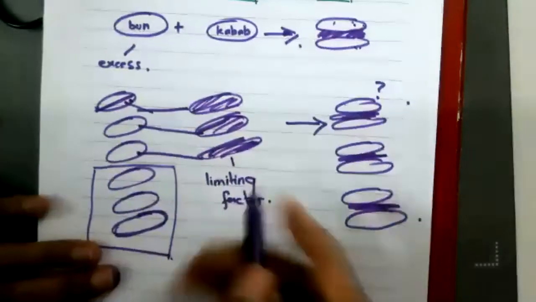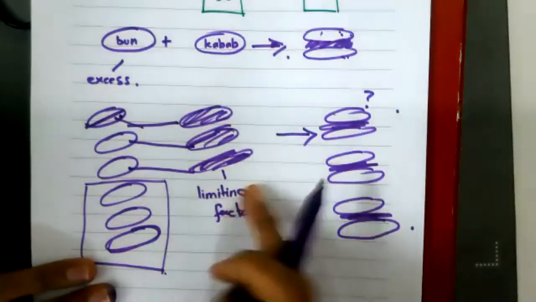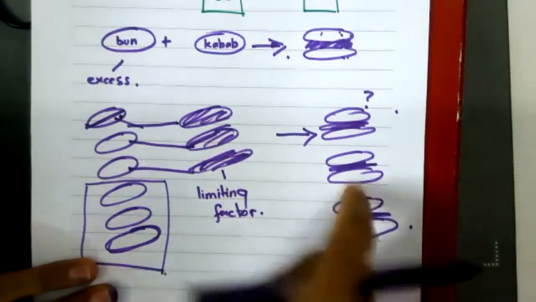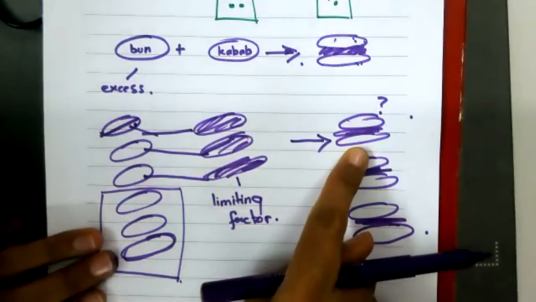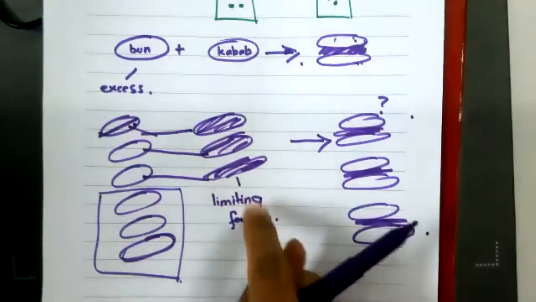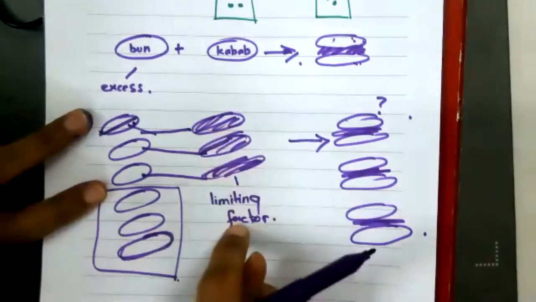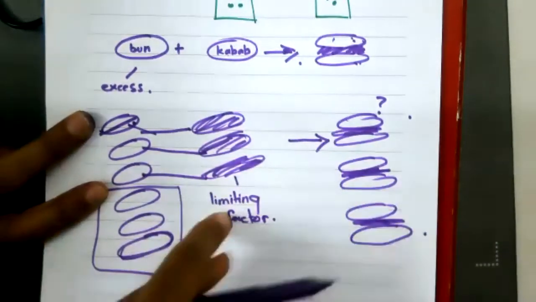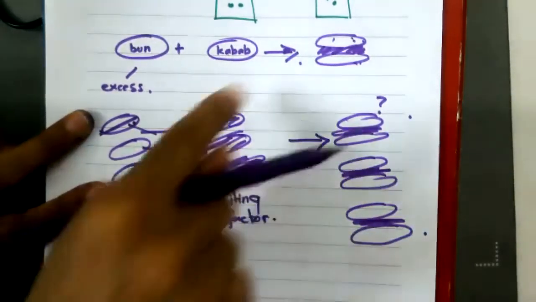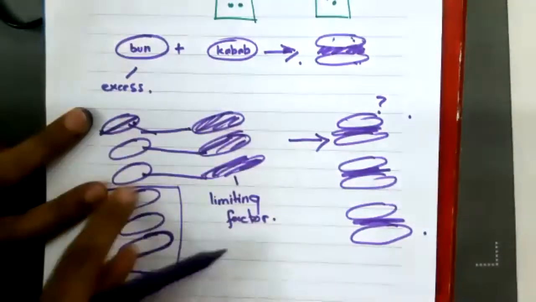Now, if somebody asks what decided the number of bun kebabs in this reaction, did the kebab decide the number, or did the buns decide the number of bun kebabs? Kebab. Very good. So it is always the limiting factor that decides how much product you will have, not the one that is in excess.